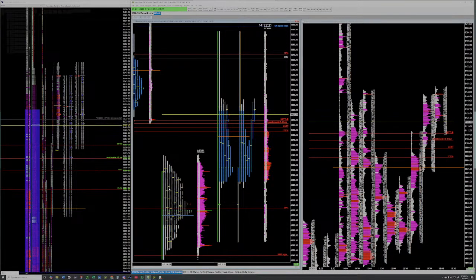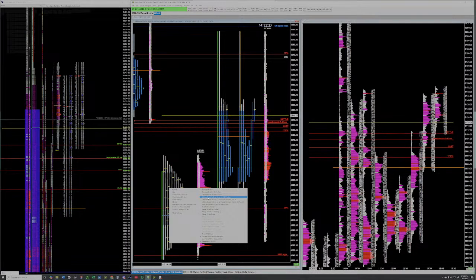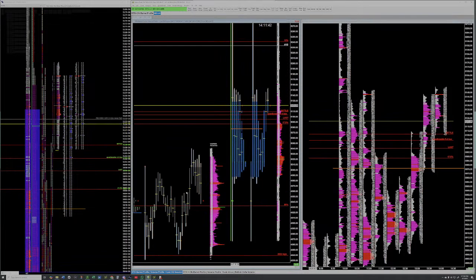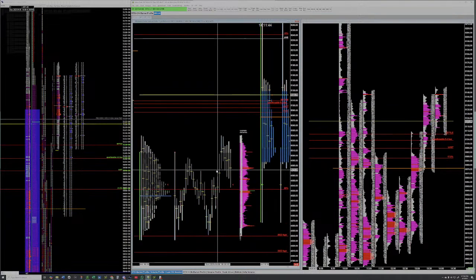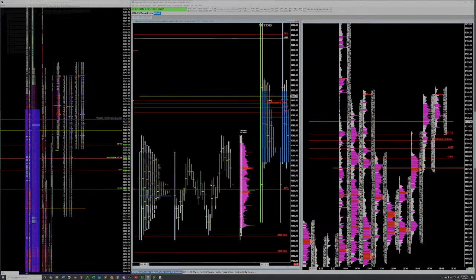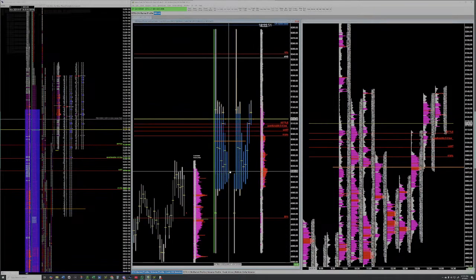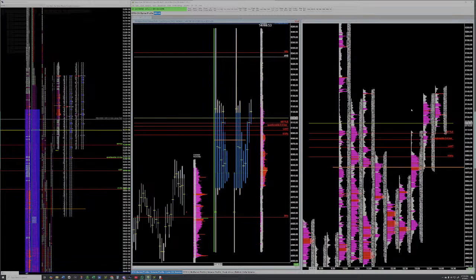The overnight here, I can open the overnight, the blocks. I can open this profile here, the overnight profile, and look at it. And on top of that, I can have this.